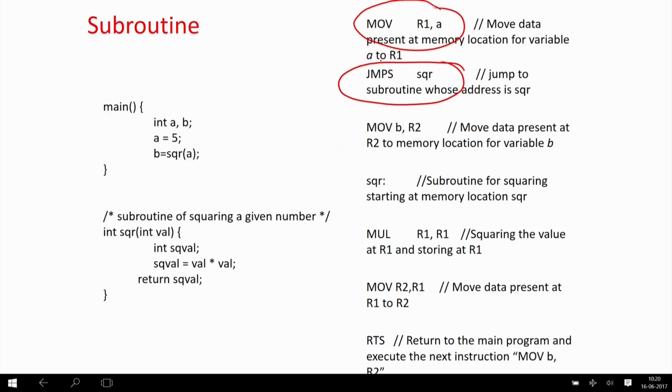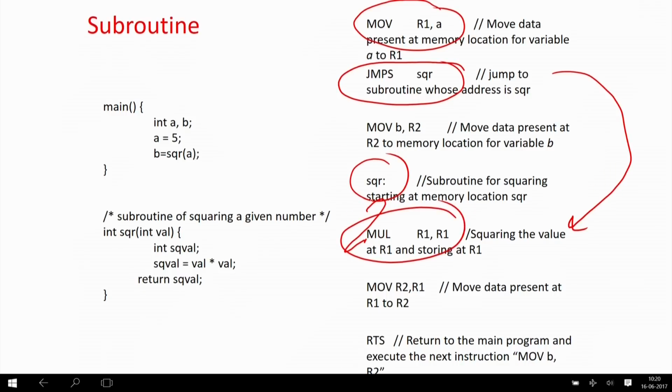So, in this case square is the label, pointing to this instruction, or it is the name of the instruction. So, jump is an unconditional jump to the subroutine, and it will just go over here. Square means the name of the instruction, or it corresponds to the memory location where the instruction is stored. So, it is mul r1 into r1.